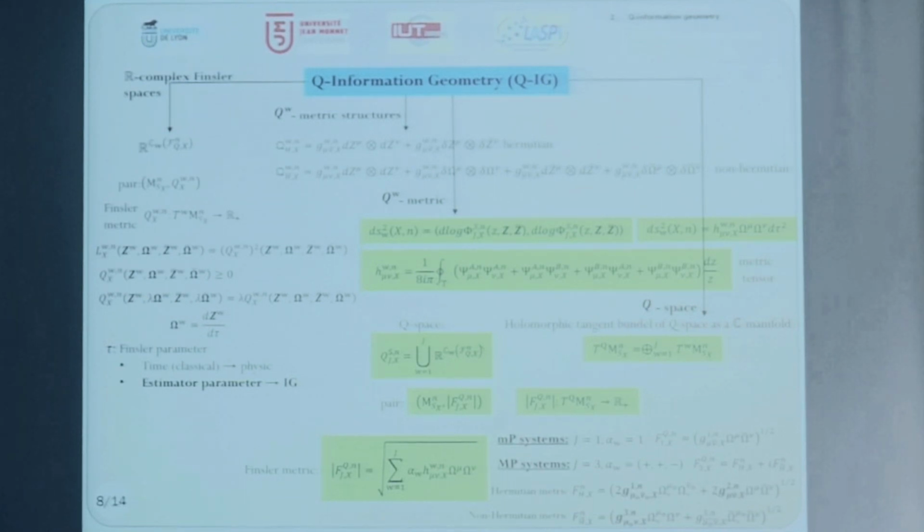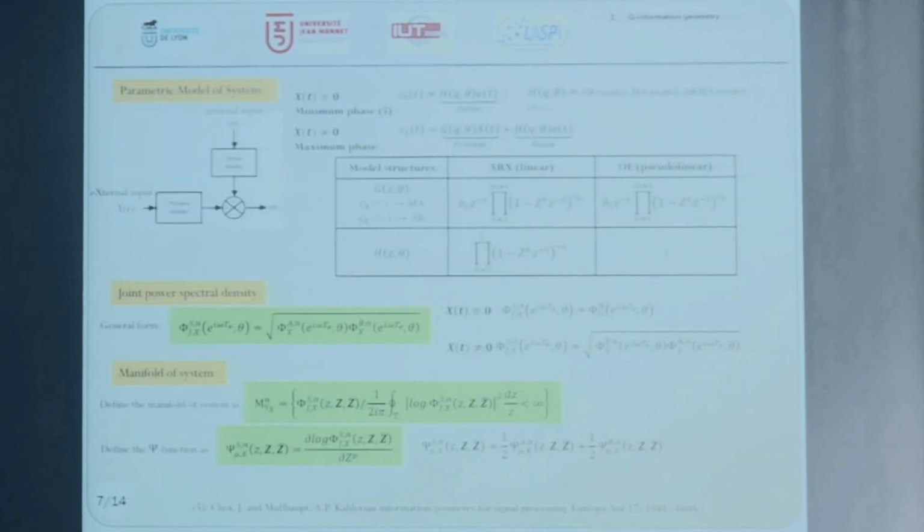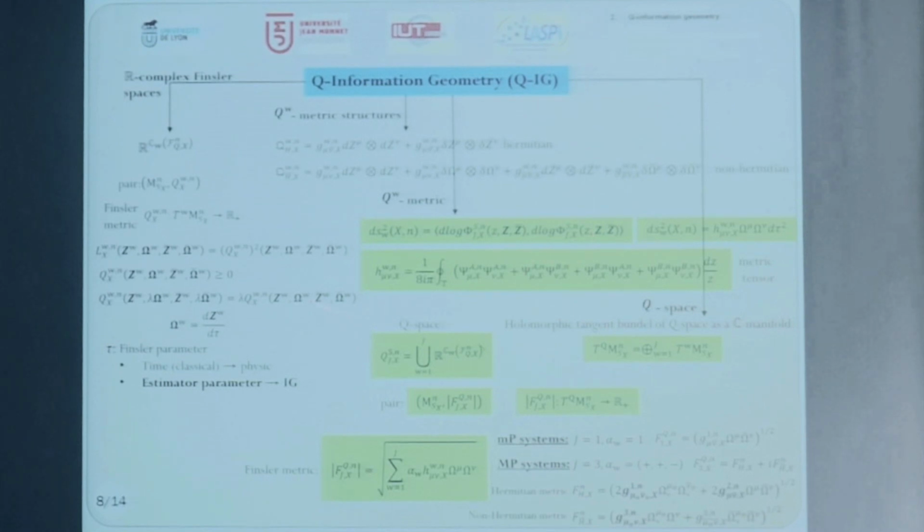Riesz in the 60s introduced the complex Finsler theory, with lambda as a complex. And Matsumoto introduced lambda as a real.